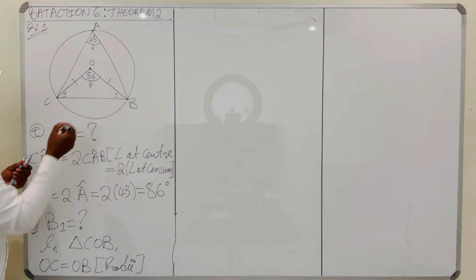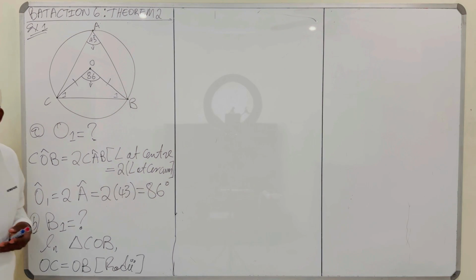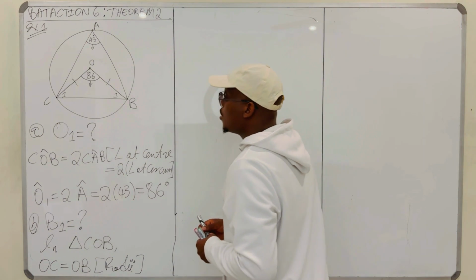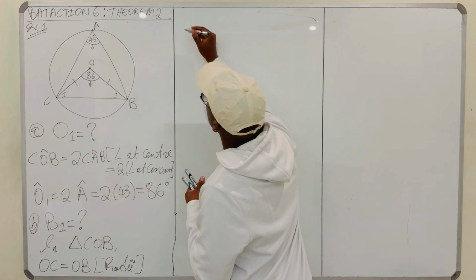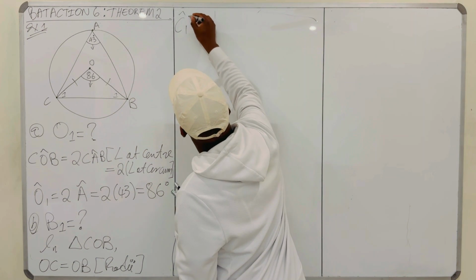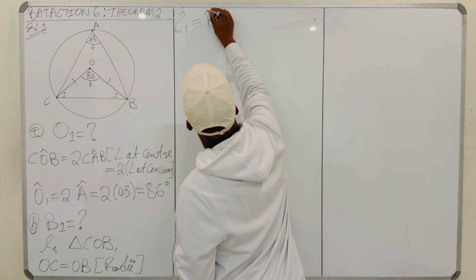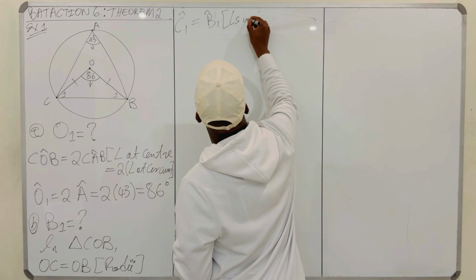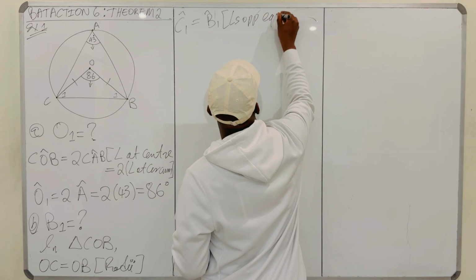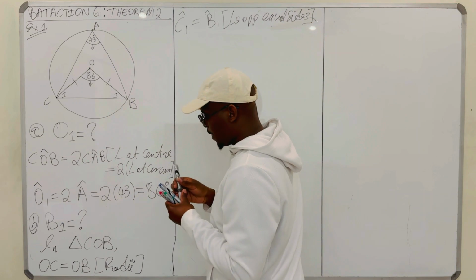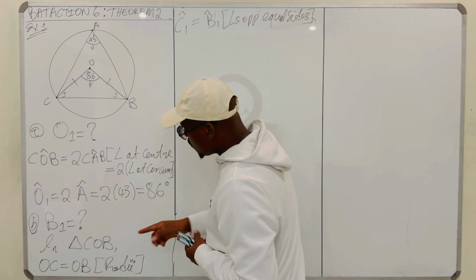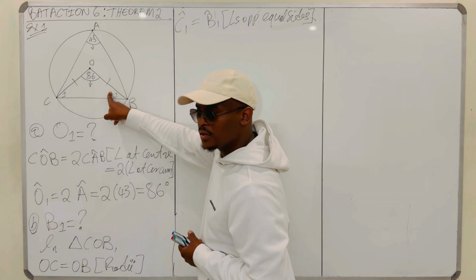Yes. We have an isosceles triangle. What else do you know? We know that angles opposite equal sides are equal. Which means we'll say our angle C1 is equal to angle B1. These are angles opposite equal sides. Are you with me? But we're looking at this triangle. We want B1.